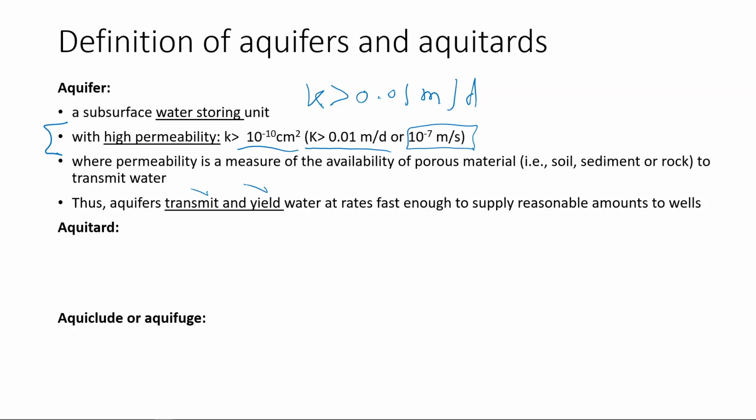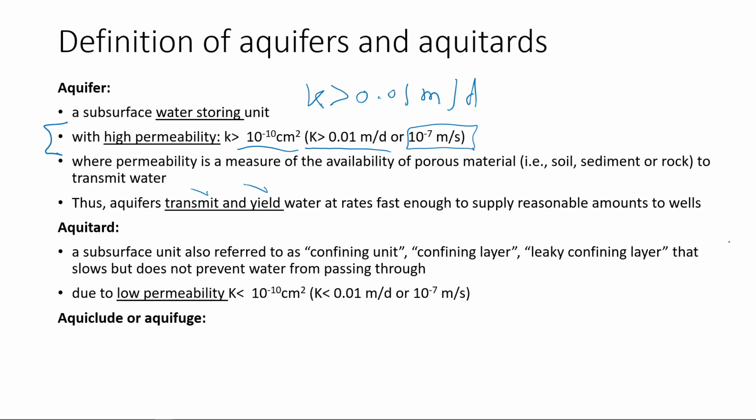If you want to have a well, make sure that your well is tapping through the aquifer, not an aquitard. What is an aquitard? This is a subunit. It's also referred to as a confining unit or confining layer or leaky confining layer. We will see what leaky confining layer means. Let's say here is your aquifer, and that is your confining unit. A leaky confining unit would be a unit that will have leaks.